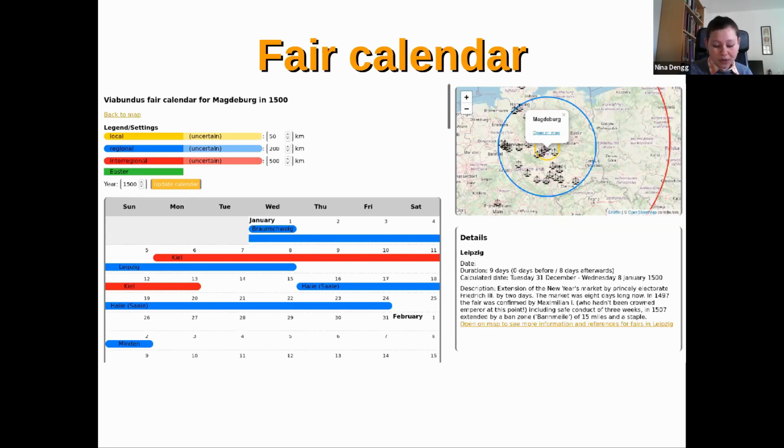On the map in the upper right, fairs in the surrounding area are displayed, and in the upper left, the radius can be adjusted to your own liking. Again, as with the other attributes, the fair calendar was not the main goal of Via Bundus, and therefore the research on the fairs may not be complete, but we tried.